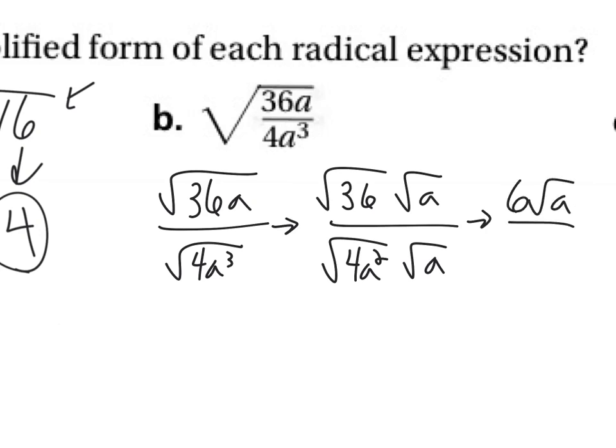Square root of 4a squared would be 2a. So at this point, since these are being multiplied, the square root of a's can cancel, and then we can reduce this. The 6 and the 2 we can reduce by 2, and that would be 3 over a.